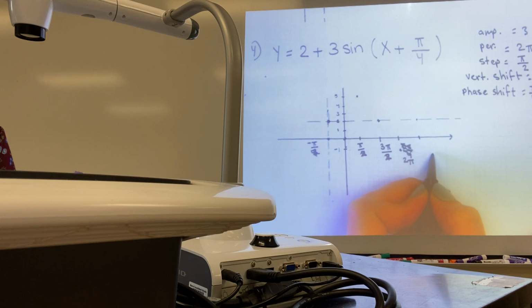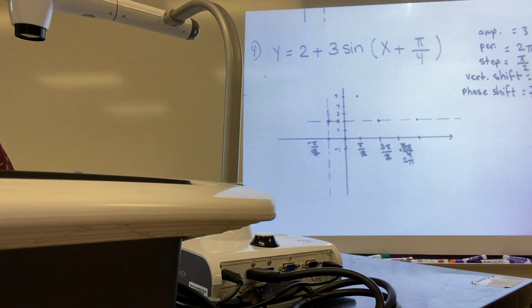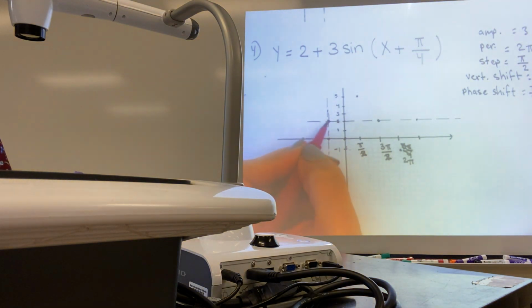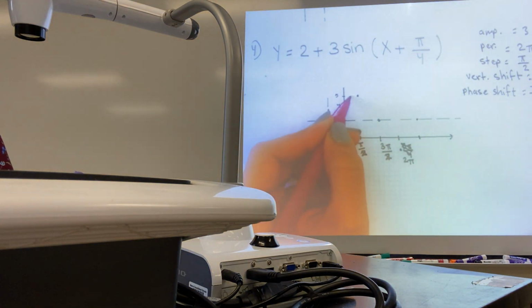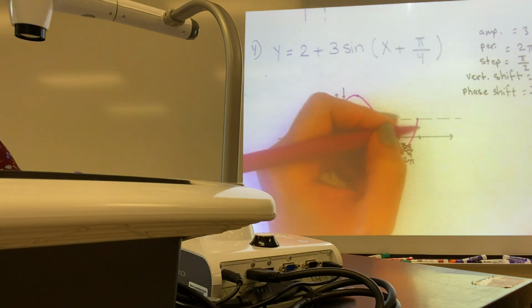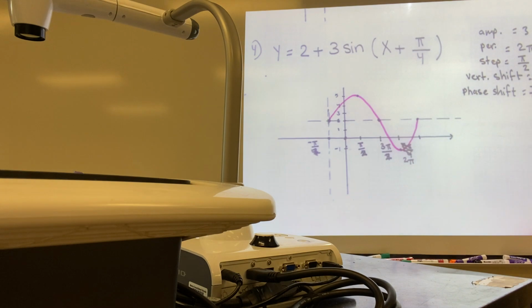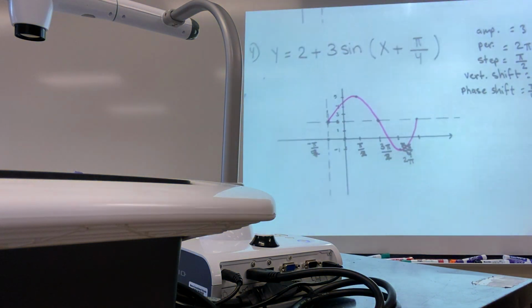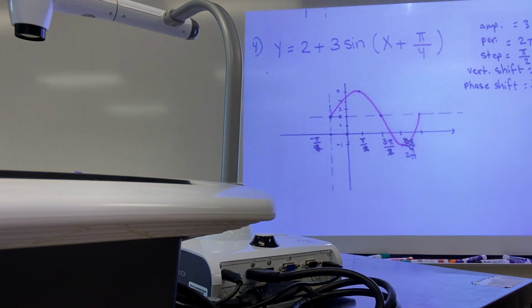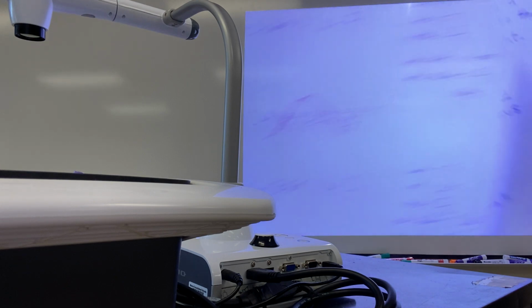So that's 2 pi. And here is my graph. The graph is still missing a lot because my spacing wasn't very equal. But that's how the graph should look. Okay? Let's look at the last example.